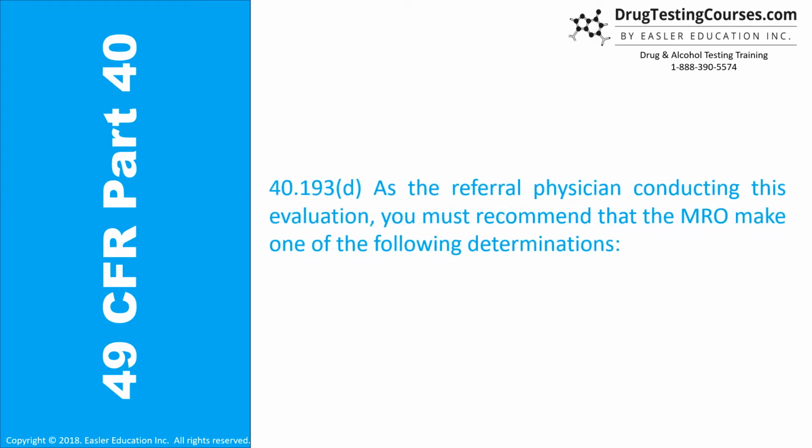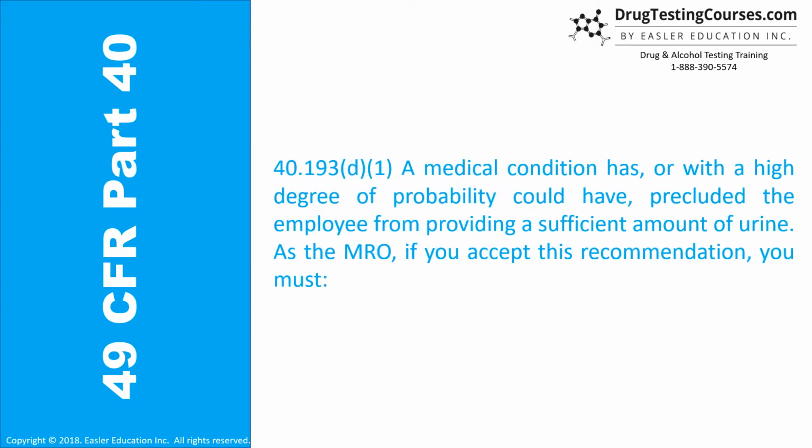40.193(d). As the referral physician conducting this evaluation, you must recommend that the MRO make one of the following determinations. 40.193(d)(1). A medical condition has, or with a high degree of probability could have, precluded the employee from providing a sufficient amount of urine.